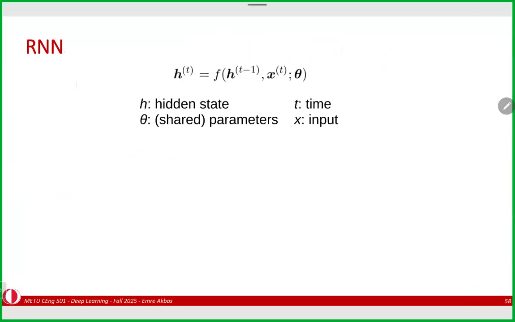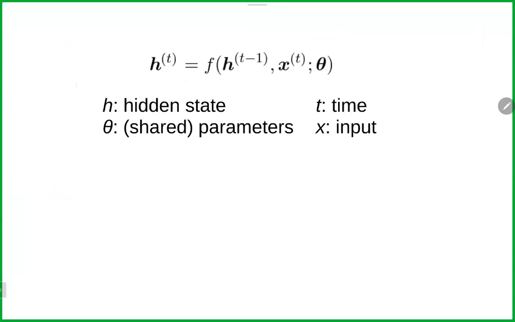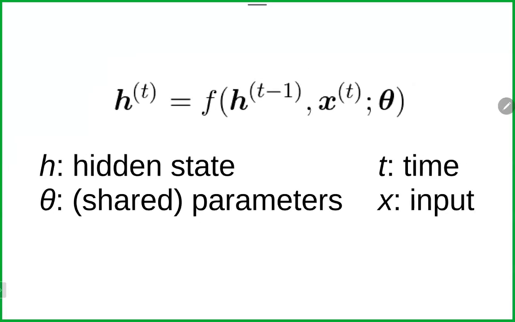Okay, here is the mathematical expression for an RNN. Again, we represent the model or the neural network using the symbol F. And X is the input, H is called the hidden state, and theta are, again, the parameters, and these are the parameters that are shared through time. So let's understand this equation a little bit further.